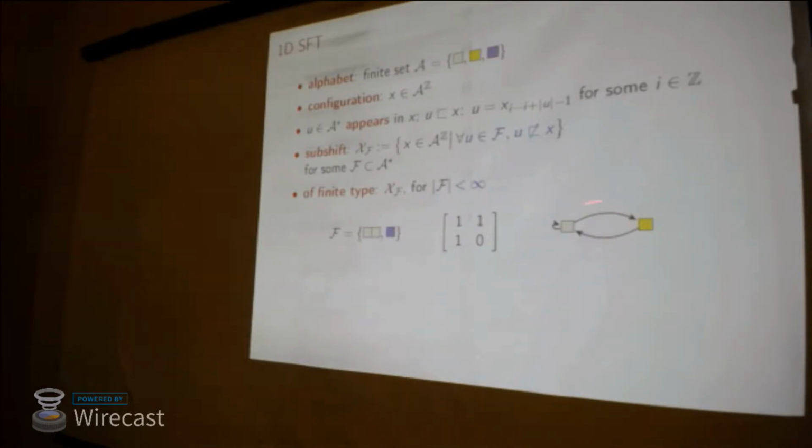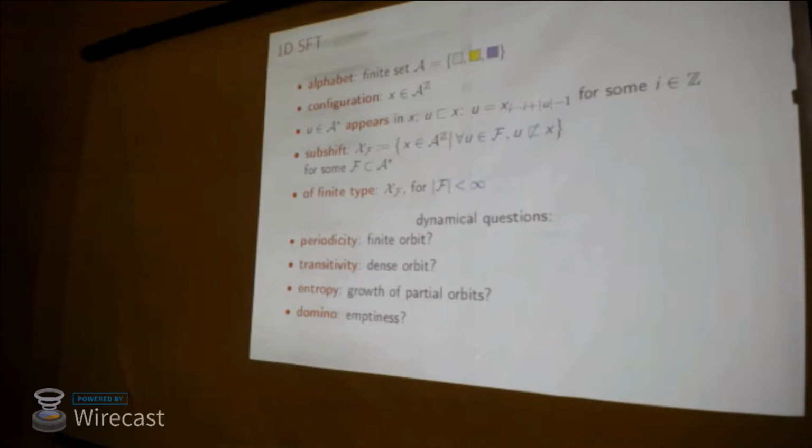So this is interesting because this is not a particular case. Actually, every subshift of finite type can be encoded in some sense on some graph. So, sorry, is it true that if we have a cycle, the subshift is not empty?